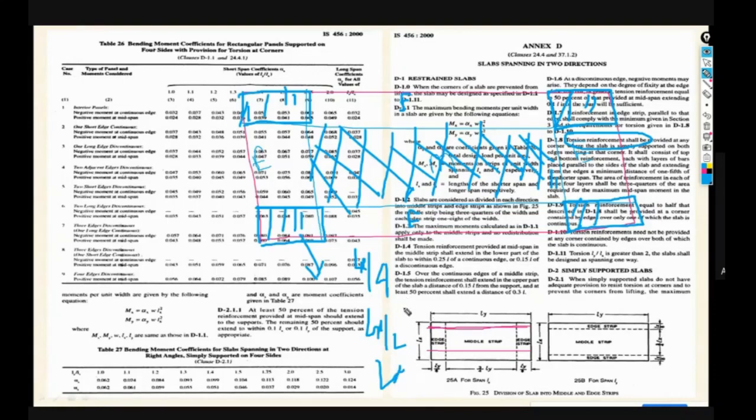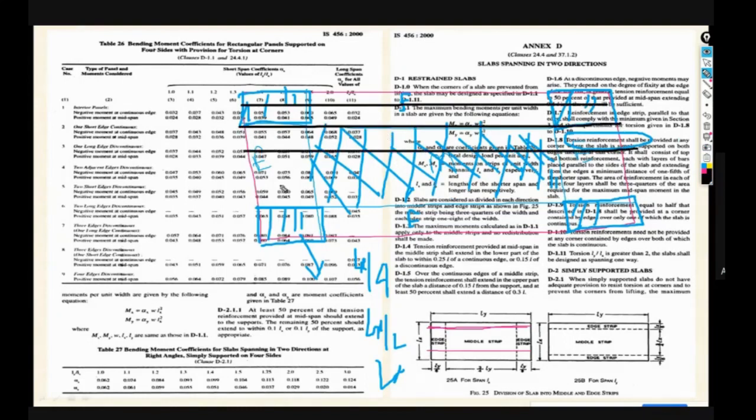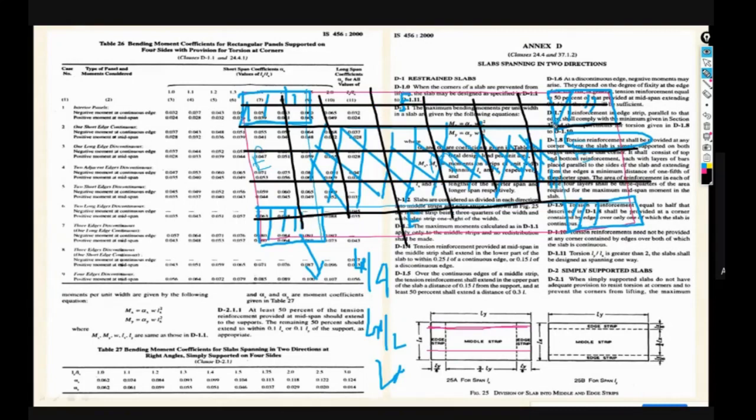So these are the theoretical formulae to calculate the torsion reinforcement, but practically we are not providing reinforcement like this. Whatever reinforcement we calculate, we provide in the whole slab. We are not focusing on the middle strip and edge strip, and we give such detailing of the two-way slab to the site.